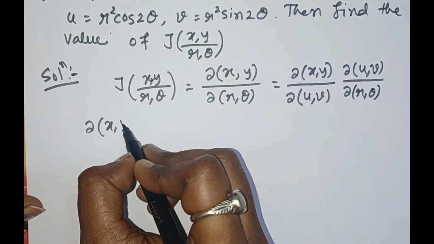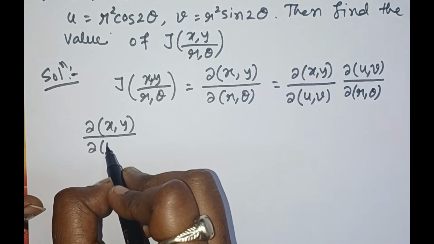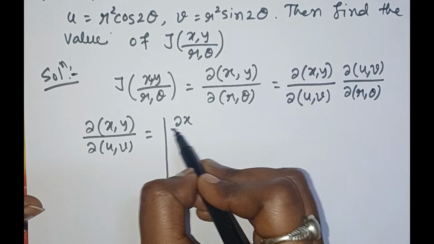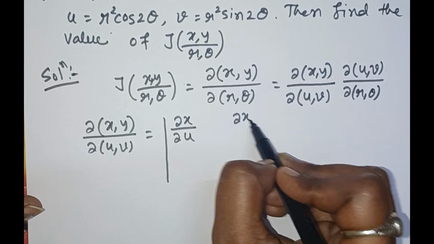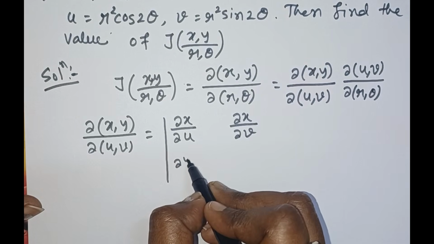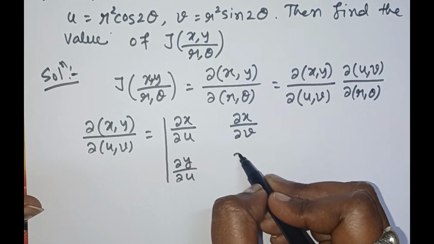Now we will calculate these two Jacobians separately. So first find del xy with respect to del uv. The formula is the determinant of del x del u, del x del v, then del y del u, del y del v.